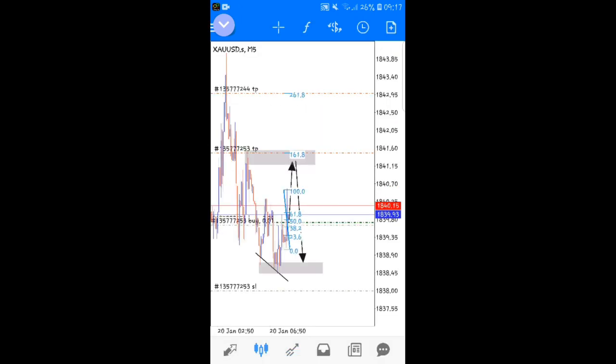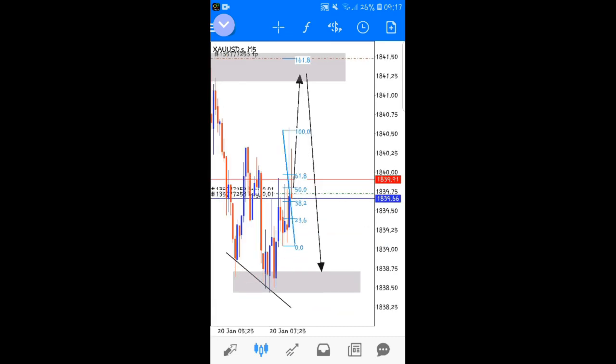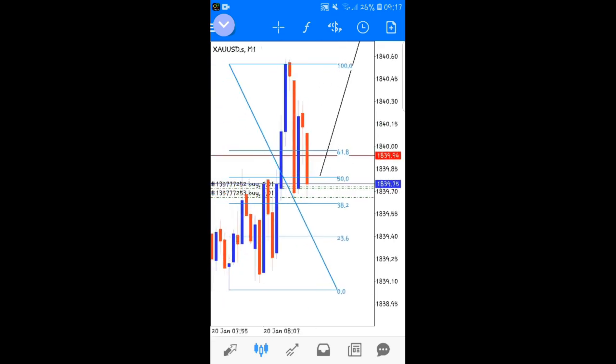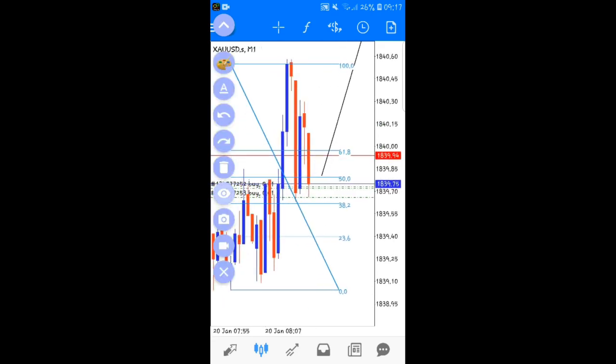So I'm going to do another video explaining the dominant break. This is actually a dominant break buy on M1. This is whereby you see that 1, 2, 3 bullish candlesticks have engulfed this bearish candlestick over here.